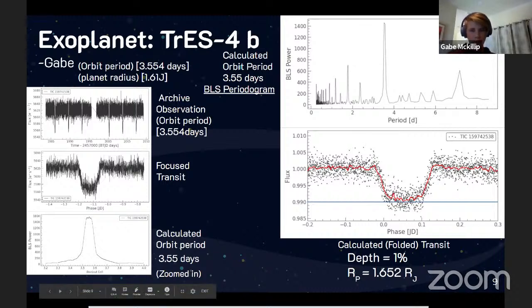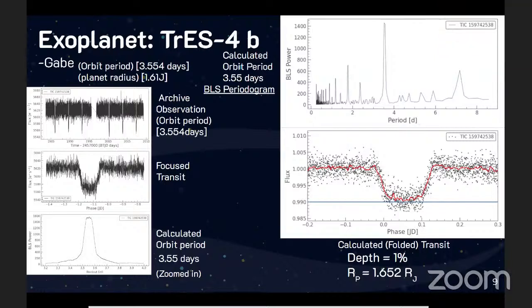Then I calculated its orbital period from these BLS boxes, and then I made my own scatter plot of the transit.